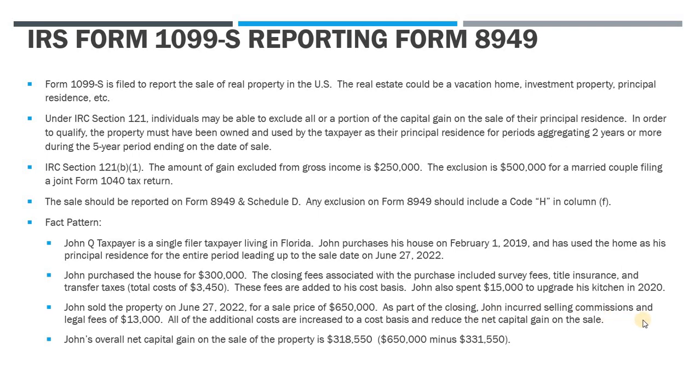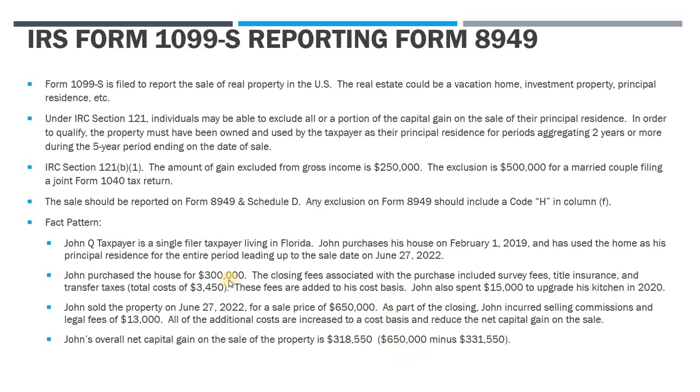And on the closing documents, right, so on the HUD statement, he pulls together elements that he can use to add to his cost basis, and so those amounts were commissions and legal fees of $13,000. So all of that gets added to his cost basis. So when he looks at his overall net capital gain here, the gain is going to be $318,550, right? And so that is $650,000 in gross selling price.